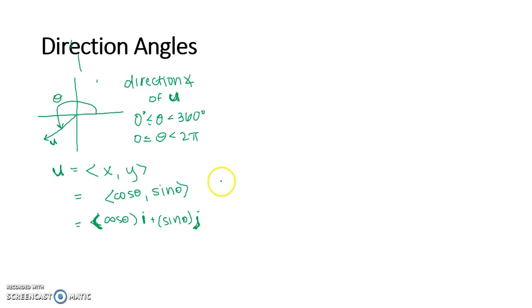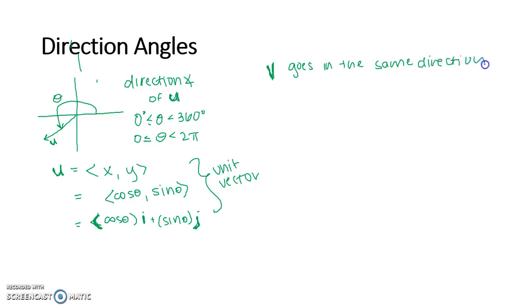Now the vector I've described here is a unit vector, which again just means it has a length or a magnitude of 1. If I want you to find vector v, which I say goes in the same direction, then you're going to take whatever your magnitude is for vector v and multiply it, if it's in component form, by cosine of theta, sine theta.